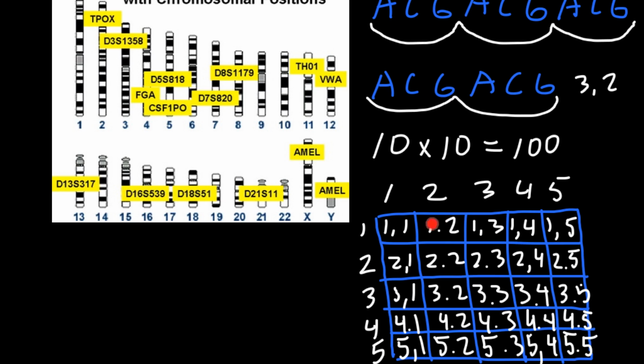So if you think that we have 25 combinations here, this is not true, because combination 2, 1 and 1, 2 is the same combination. So 2 and 1 is the same as 1 and 2. Basically, this tells us that this person, A, has 2 alleles, with 2 repeats and with 1 repeat.